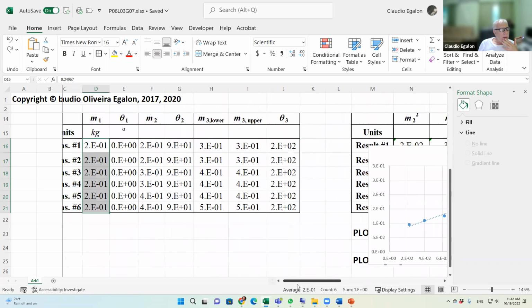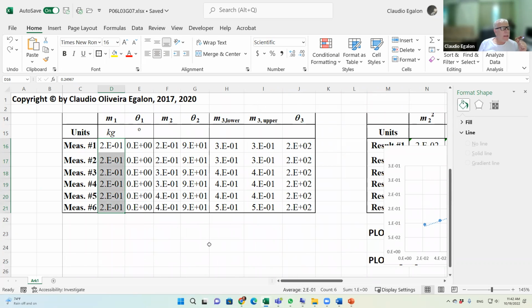It looks like the other group made that mistake, but not this one. This group measured 250 grams and performed the experiment with 250 grams. In the other case, the student measured 250 grams, but performed the experiment with 300 grams. That's what it looks like.